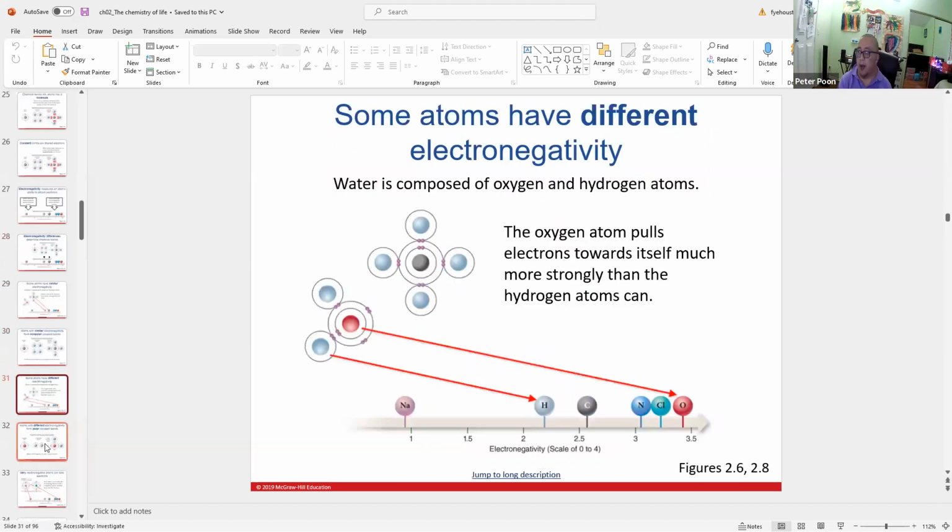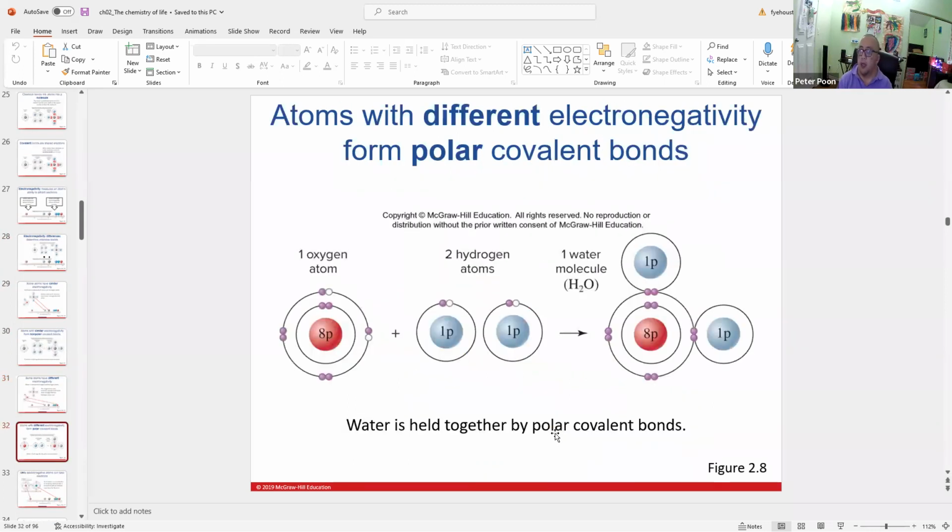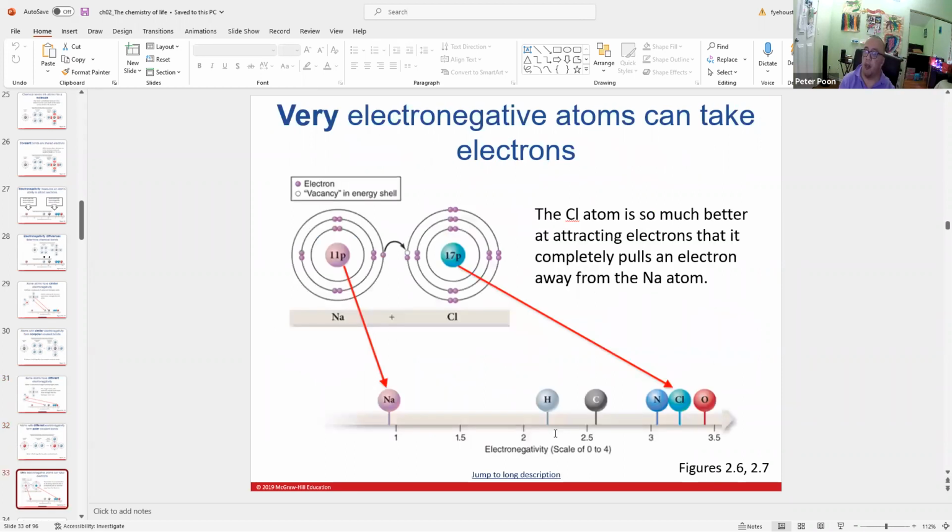Some atoms have different electronegativity. Oxygen here is about 3.4, and hydrogen here is about 2.2. Because one is much stronger than the other, oxygen will want the electrons more, so that is a polar covalent bond.